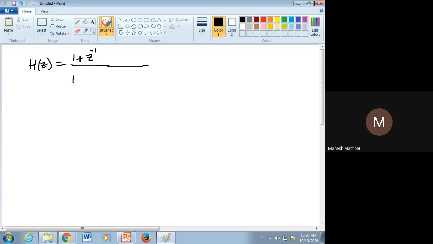H of z, 1 minus 5 by 4 z inverse plus 3 by 4 z raised to minus 2 minus 1 by 8 z raised to minus 3. Tell me the equation of h of z, the transfer function.